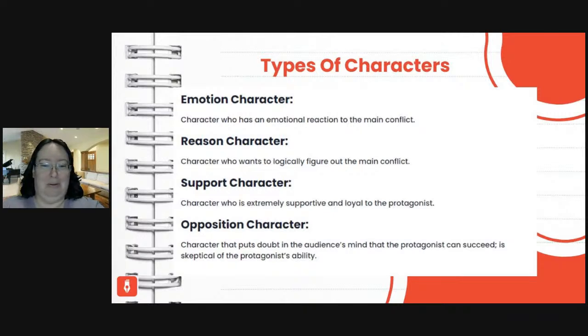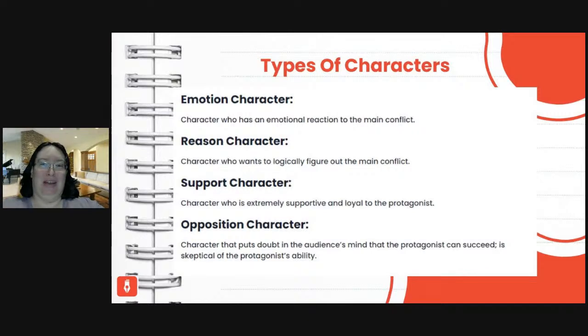These are going to be your people who bring human emotions and feelings in the scene beyond the character's strong facade, right? If I was facing a dragon over a brimstone moat, how would I be feeling? A lot more like Donkey than Shrek. Okay, so Donkey brings us into that scene. The reason character is the character who wants to act logically.